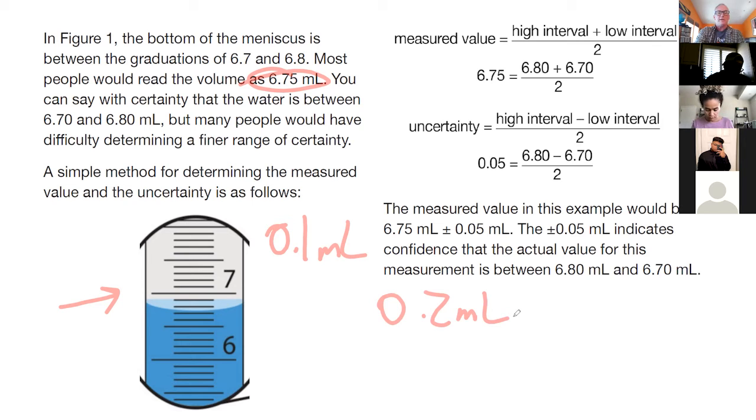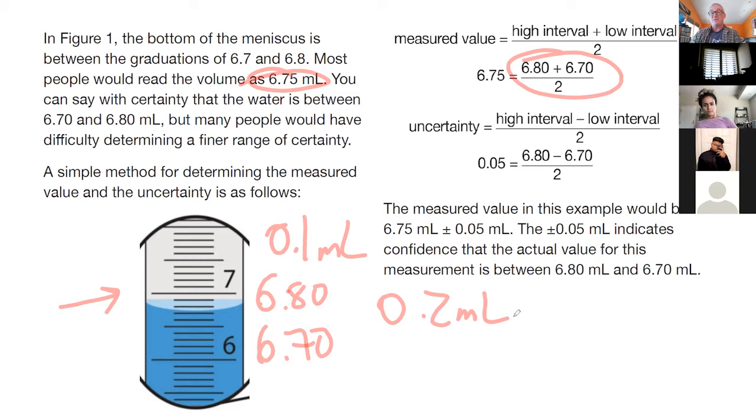So what we do is if we measure this as 6.75, the high interval, the measurement that we could definitely see above that is 6.8. The measurement we could definitely see below that is 6.7. And so we take the average of that, we add those together and we divide by 2.